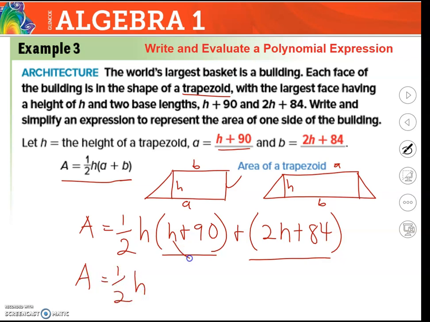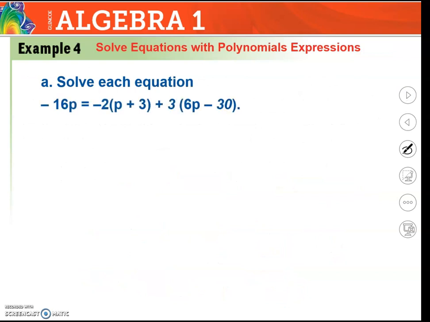If we're adding H to H, into bracket, we're going to have 3H plus. Now 90 plus 84 is going to give us 174. Good. And in that case, we would have to solve them. Now let us continue on the sheet.